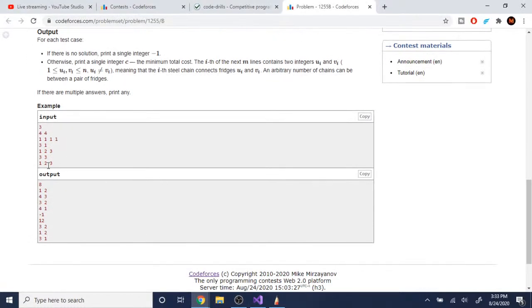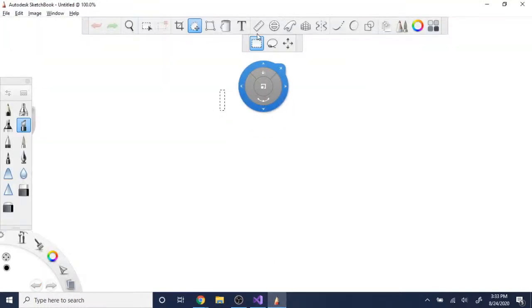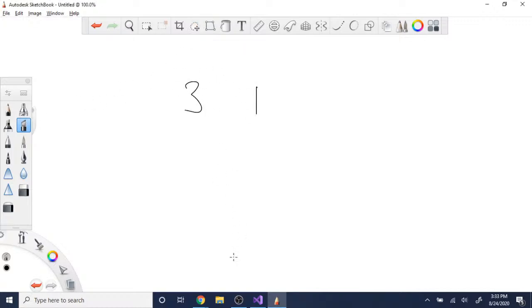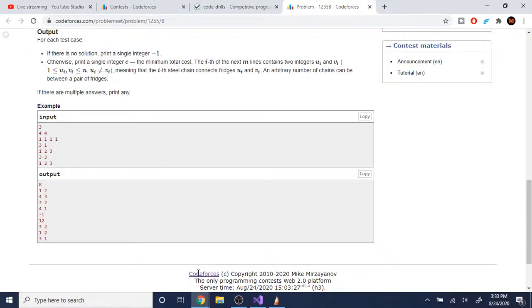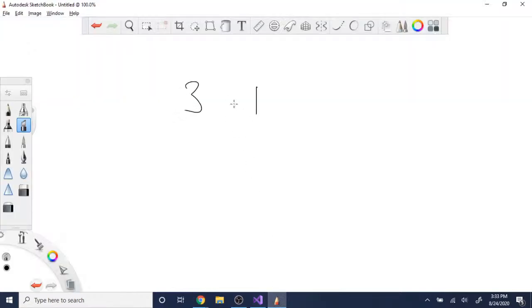Let's look at this test case, 3, 1, and 1, 2, 3. This is n, and this is m.